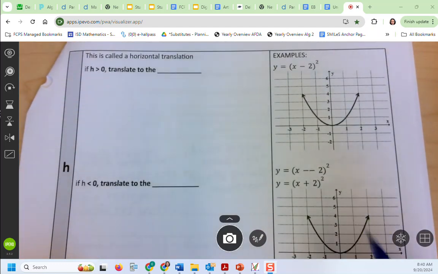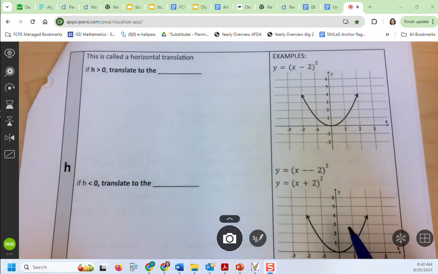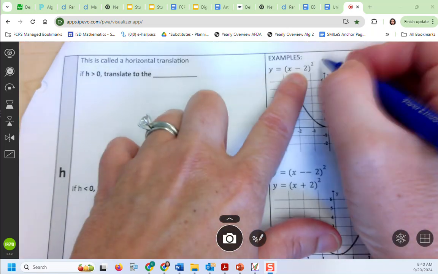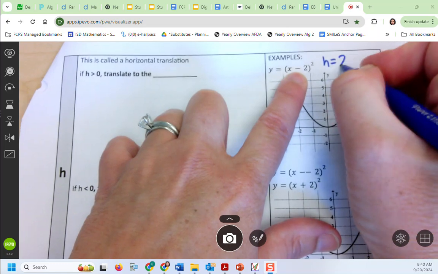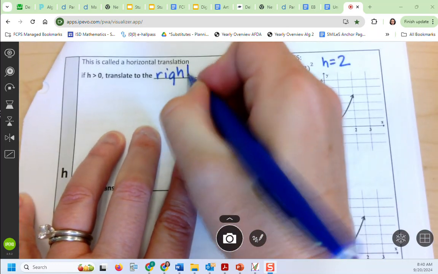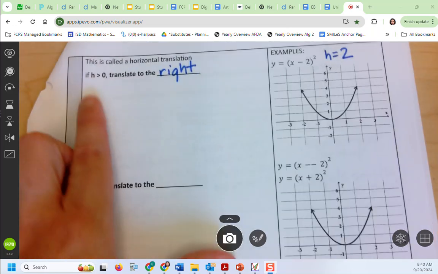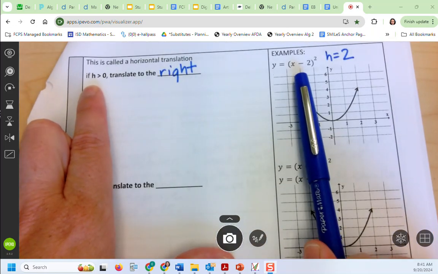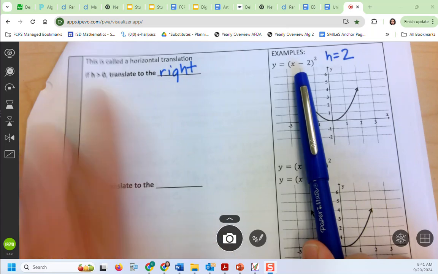All right, so when h is greater than 0, we're going to translate it. So let's see, h is greater than 0, so h is 2 here. We're going to translate it to the right. Now, h is greater than 0, but you see a minus here. Remember that the minus is part of the equation.